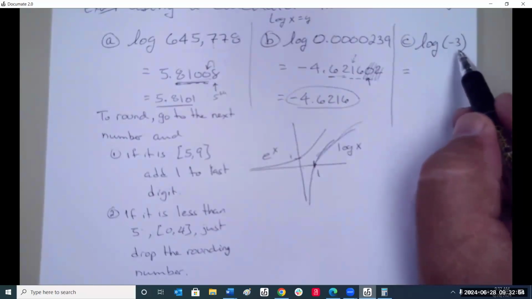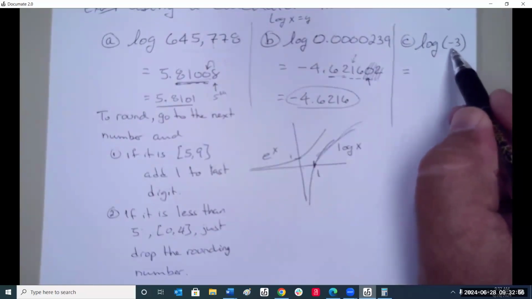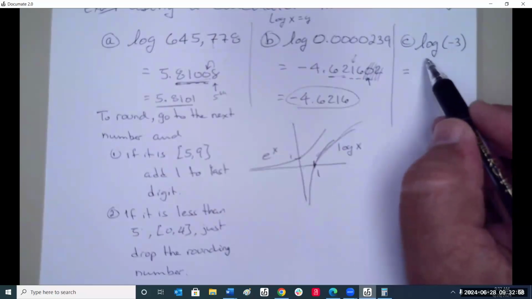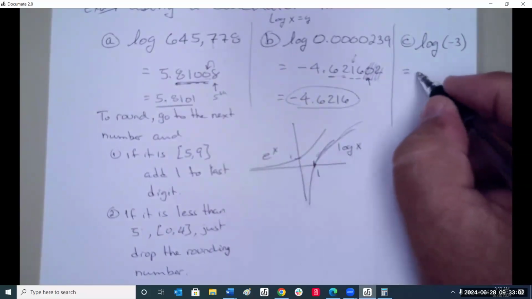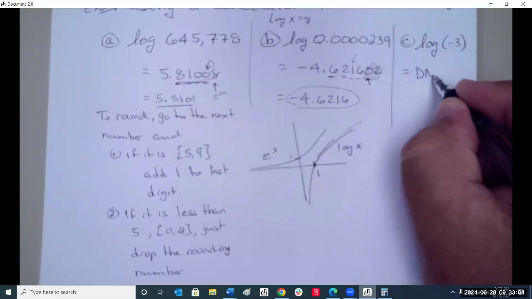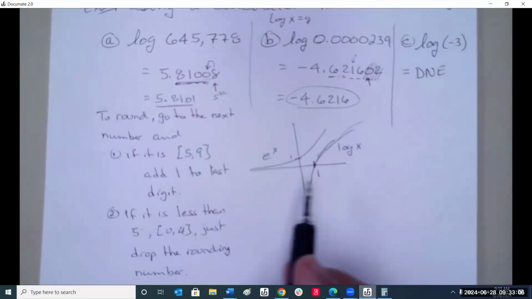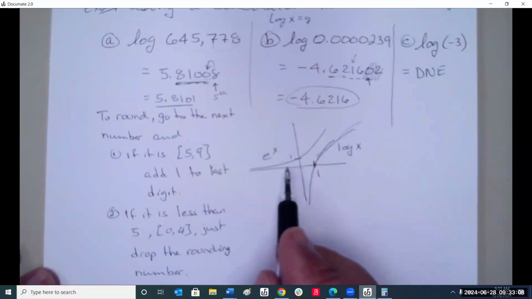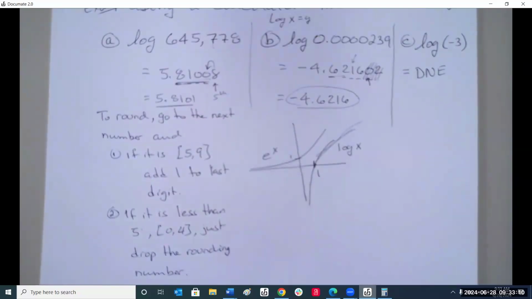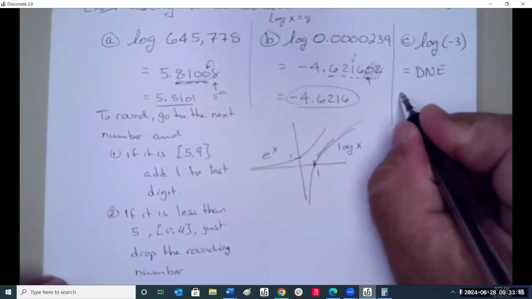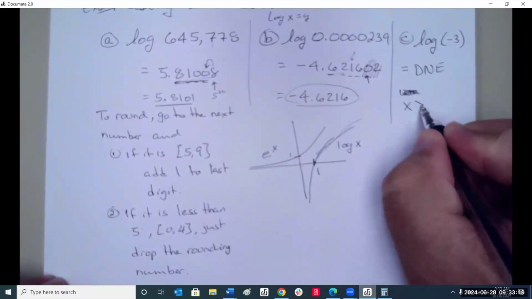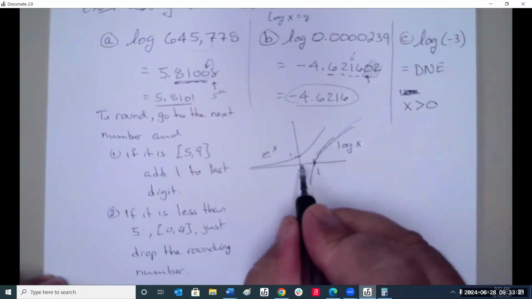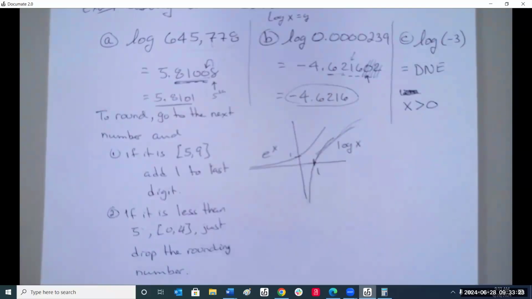So looking at that, here's my x value. If I put negative 3 in there, it's not in my domain. This one does not exist because we cannot use 0 or negative in there. Actually, x has to be strictly greater than 0 for our domain for logarithms.